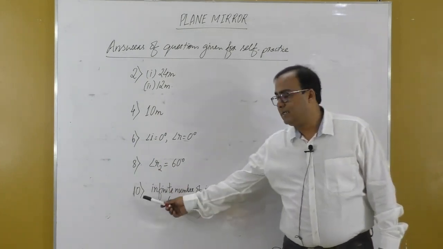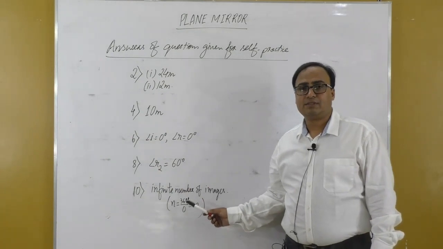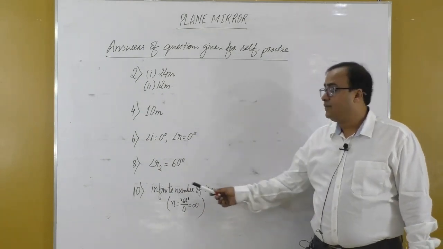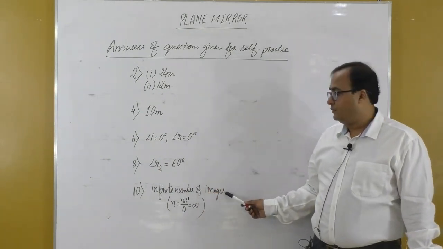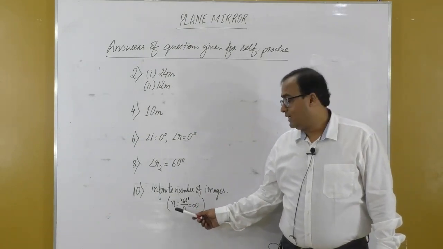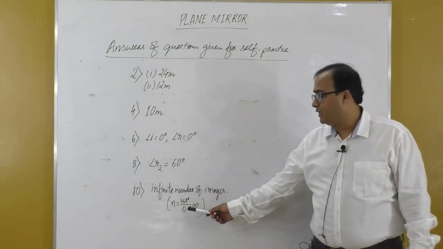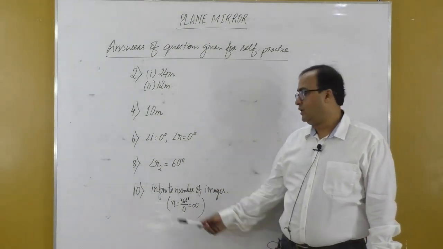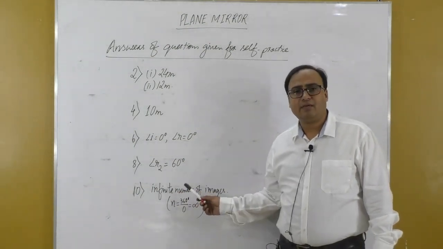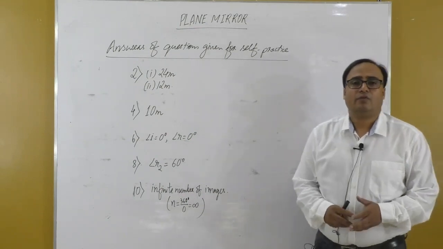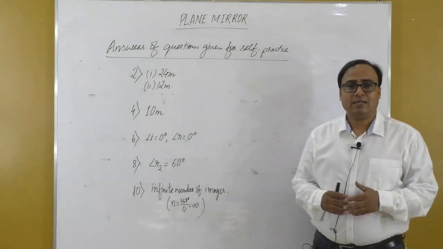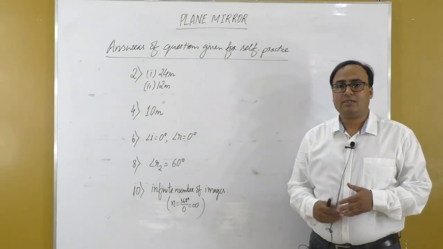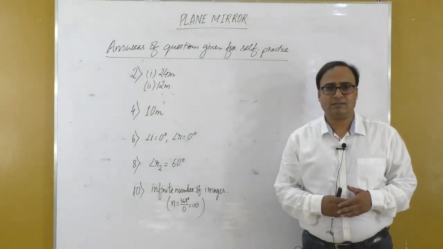And question number 10, the number of images will be infinite. While solving, you will get n equals 360 by 0, and you can write this as infinity, or the answer is an infinite number of images will be formed. You should note down these answers and compare your answers with them.